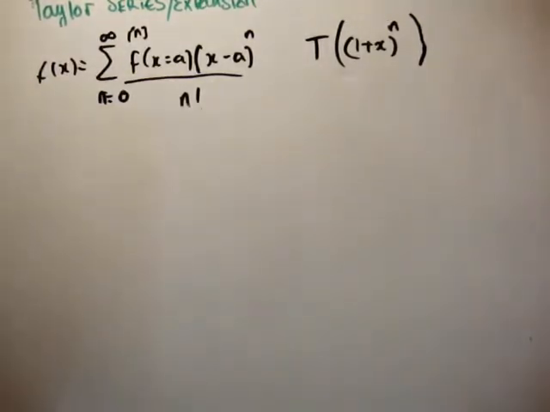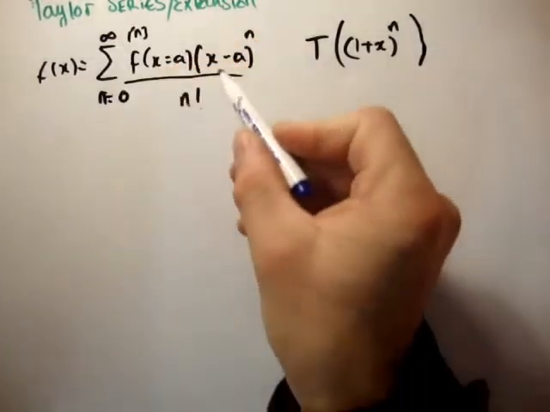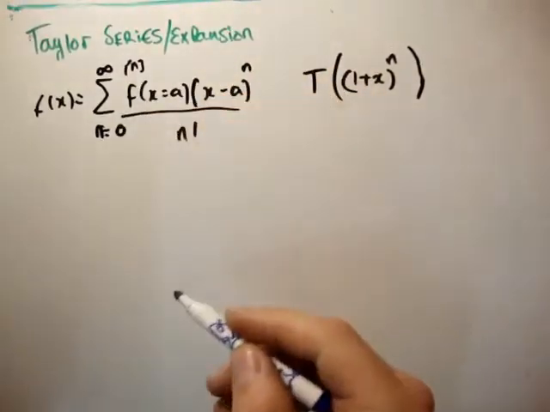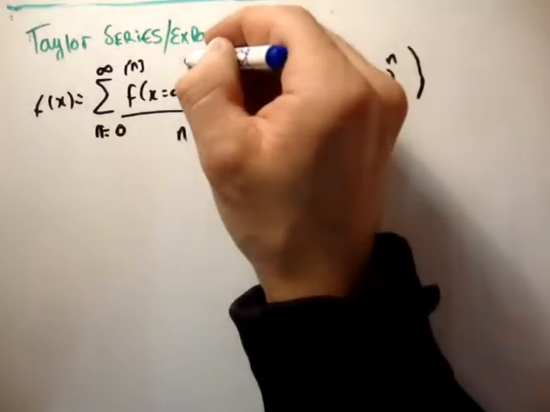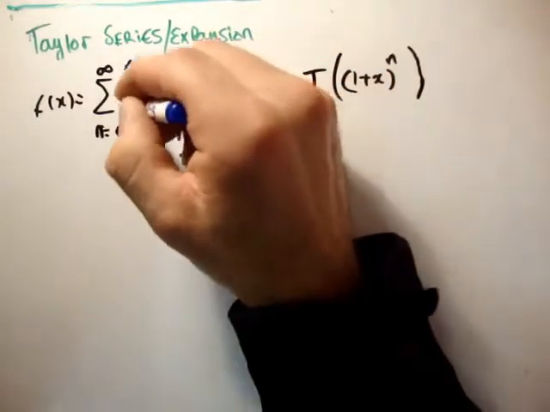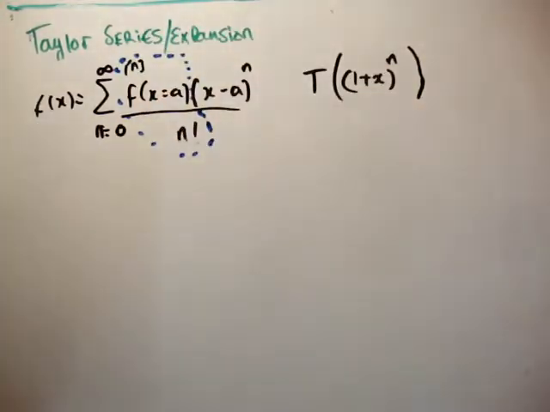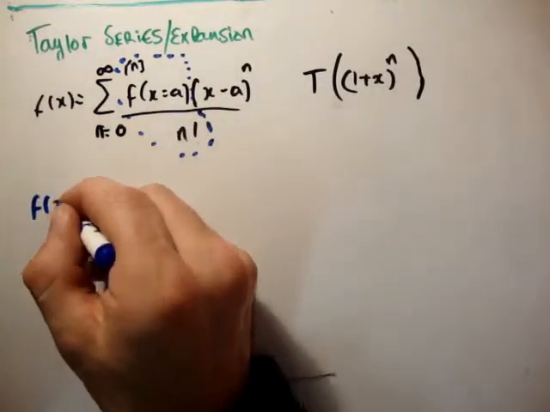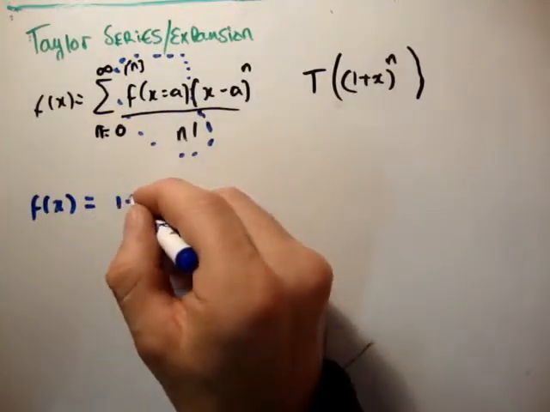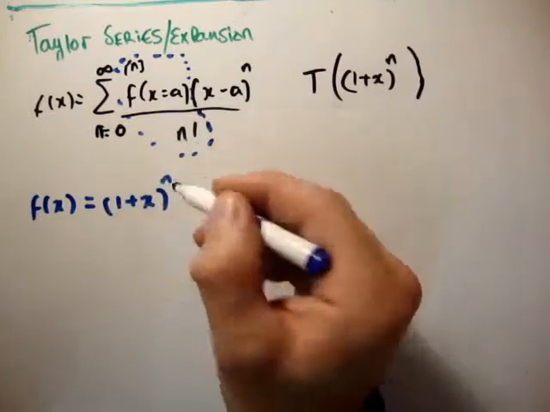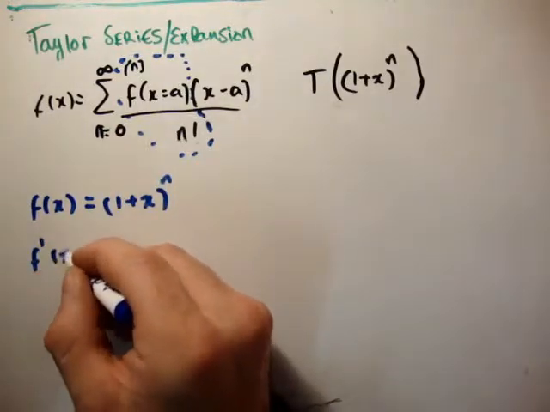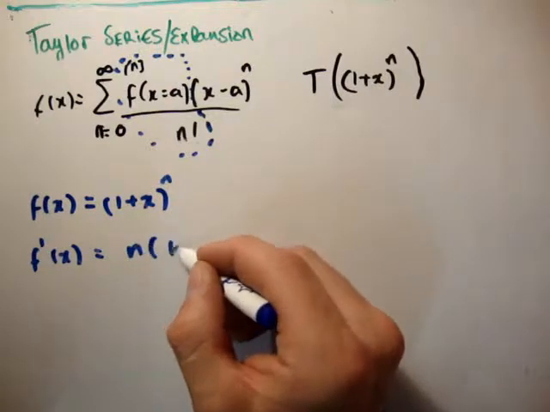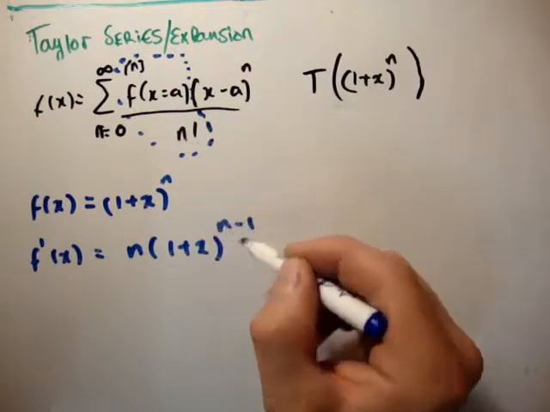So just a quick reminder, it's in the formula here, but what I am outlining here are the coefficients in our power series. So in order to get the coefficients, we need to get the n derivatives of our function. Well, the 0th derivative is just going to be the function itself, which in this case is (1 + x)^n. The first derivative is going to be equal to n(1 + x)^(n-1).